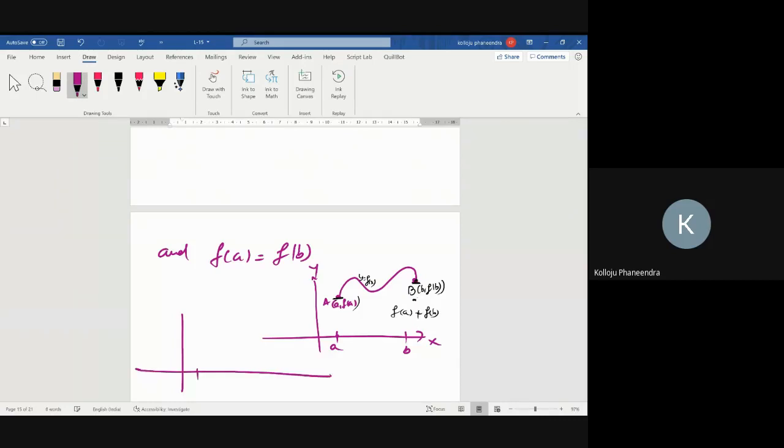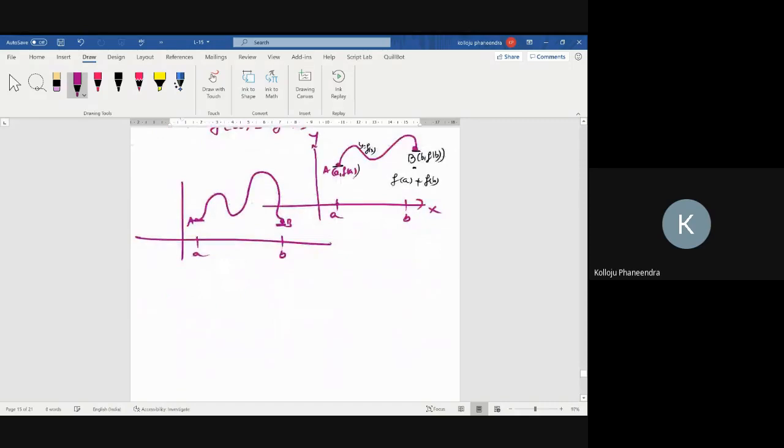If I take a here and b here, some curve like this, these two must be at the same level, f of a equal to f of b. Then f dash c equal to 0, if all the three conditions are satisfied.